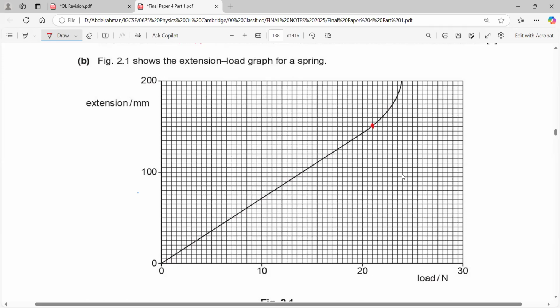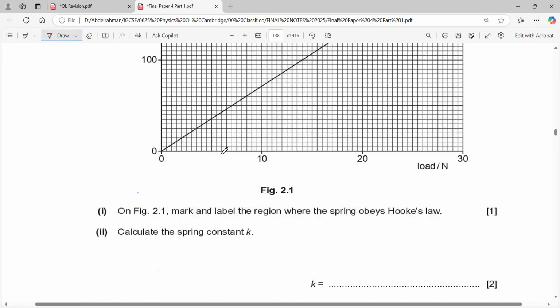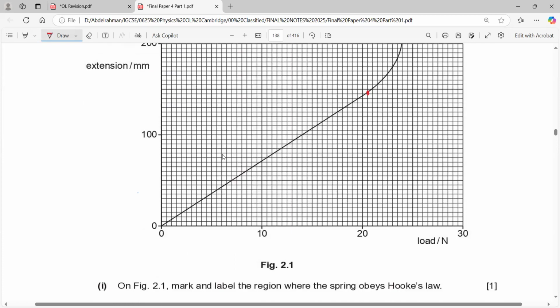Or 20.5, I guess it would start to curve at this point. Maybe up to this point. So this is 20.5. This is the spring's, sorry, the elastic limit.